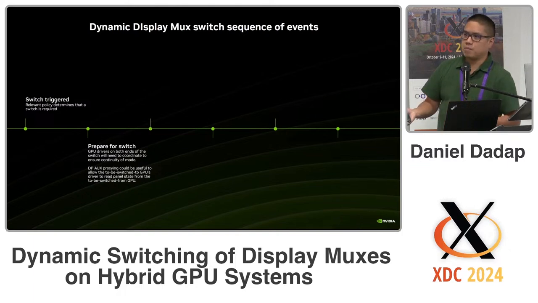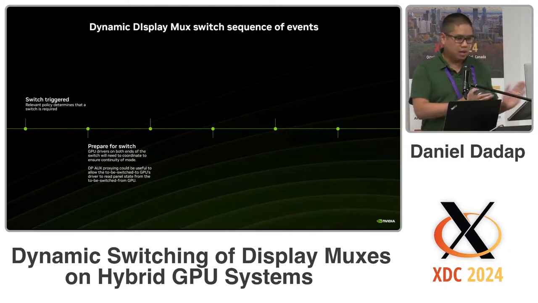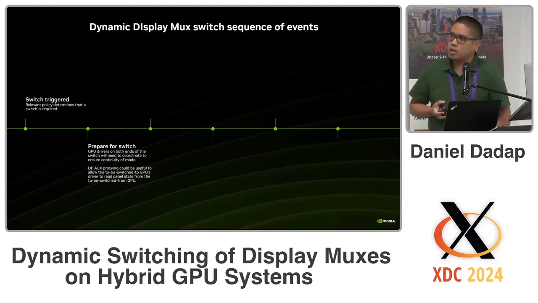The sorts of things they might need to coordinate on could be, for example, making sure that the brightness level stays the same across the switch. If you have brightness controlled independently by each of the GPUs, you might want to get that from the switch away from GPU and prepare the switch to GPU, and there could also be some translation of levels there.